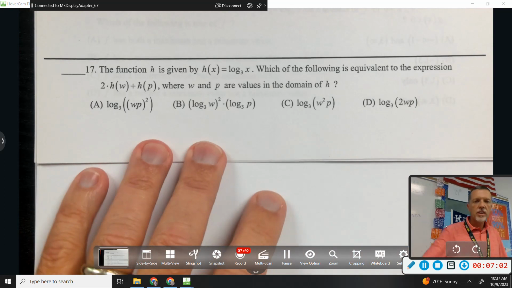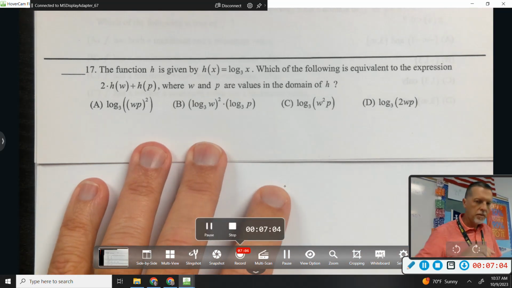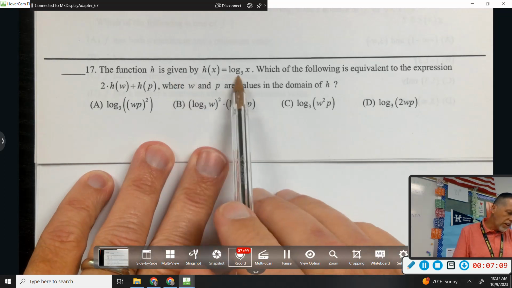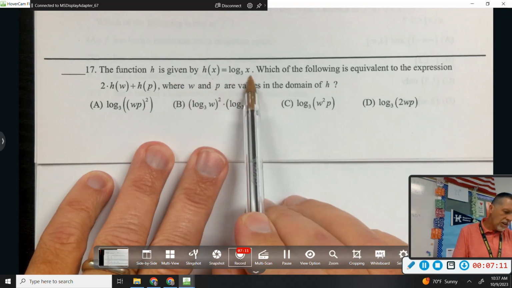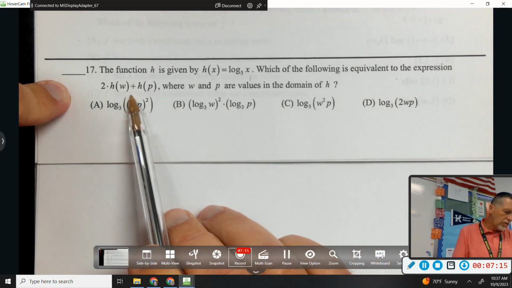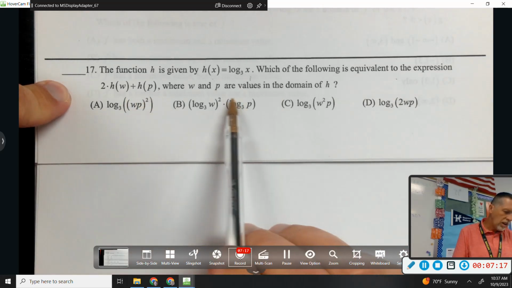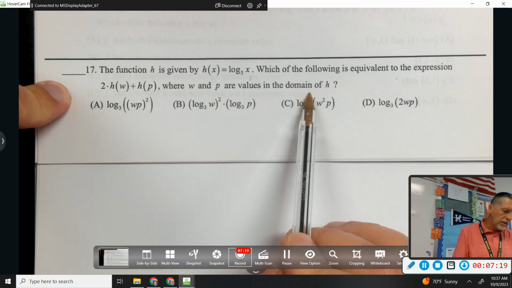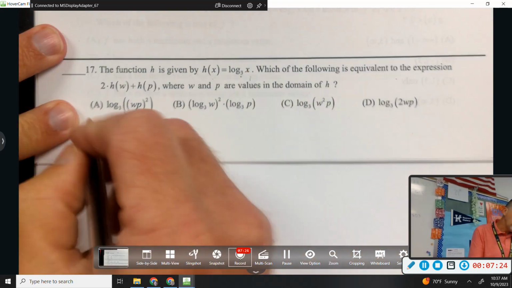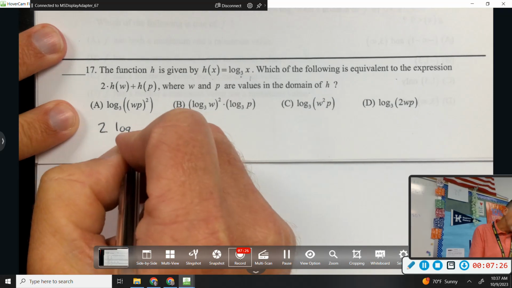Number 17. The function h is given by this. Which of the following is equivalent to the expression 2h of w plus h of p, where w and p are in the domain? Okay, so h is log base 3 of the input.